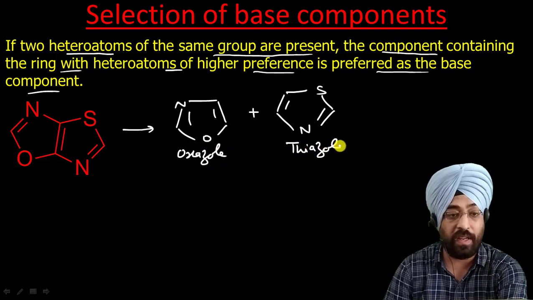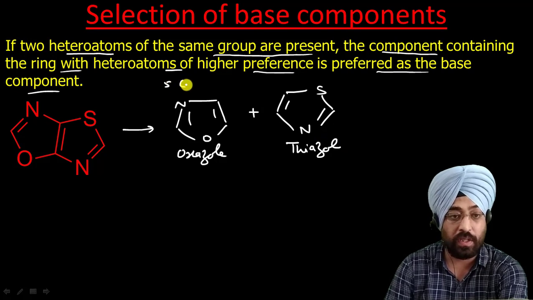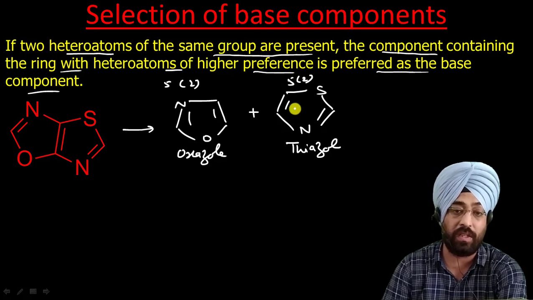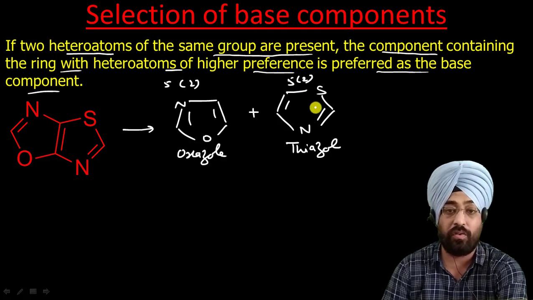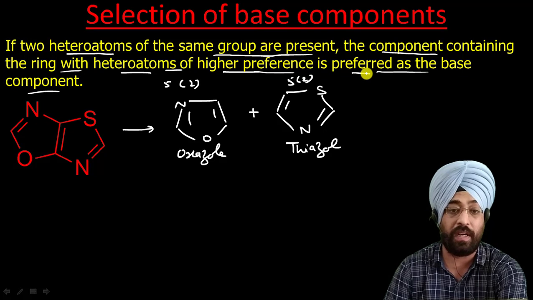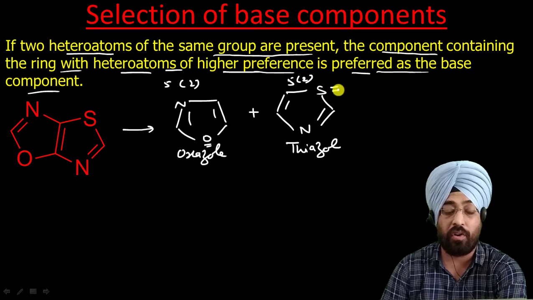Both are 5-membered rings, both contain two heteroatoms, and both contain two types of heteroatoms: oxygen, nitrogen, and nitrogen, sulfur. Now this rule says that the component containing the ring with the heteroatom of higher preference is preferred as the base component. Nitrogen is the same, so we have to compare oxygen and sulfur.